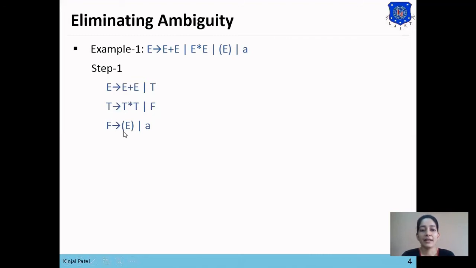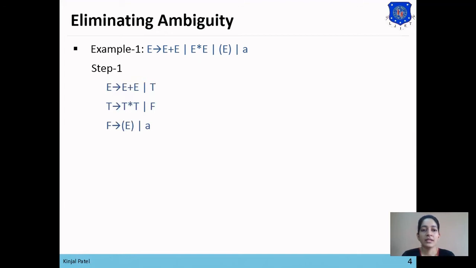Because a bracket can have a full expression, like the whole input string A plus A star A. So if we want to derive the whole string in a bracket, we need to start from the starting symbol. So we'll never change the symbol in a bracket. It will always be the starting symbol in the bracket.